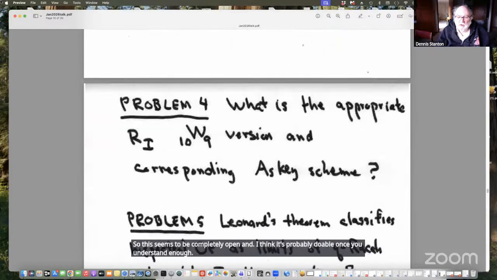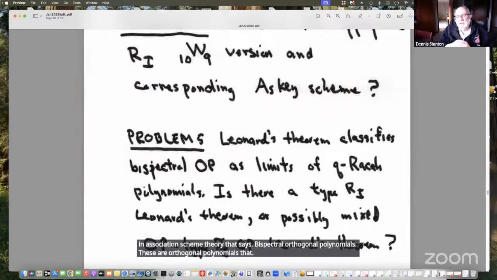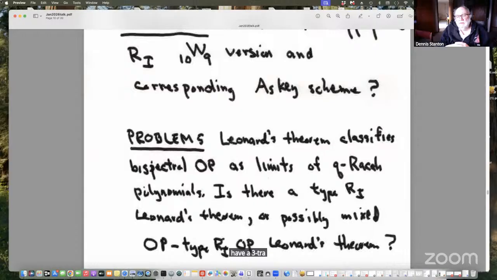Here's problem 5. There's a theorem called Leonard's theorem in association scheme theory that says bispectral orthogonal polynomials, these are orthogonal polynomials that have a 3-term recurrence and their duals have a 3-term recurrence.